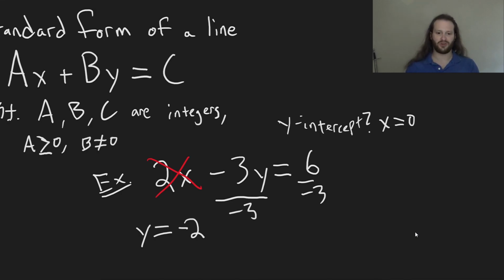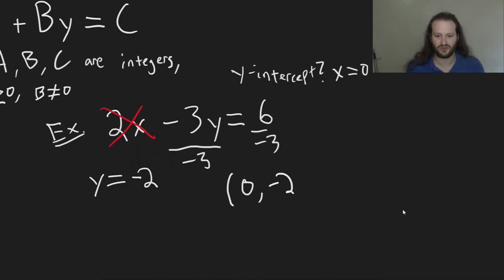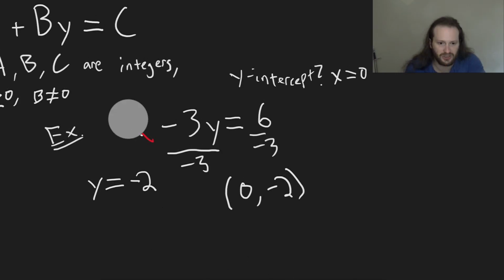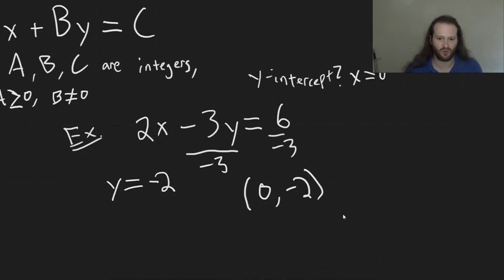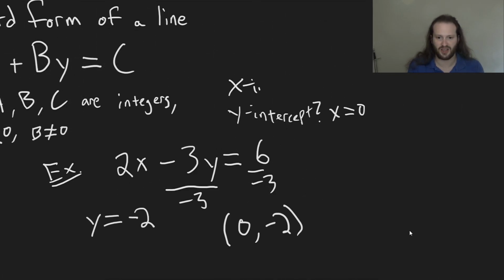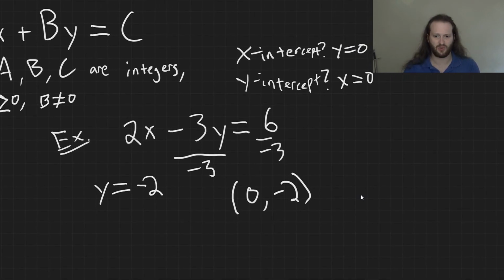So the coordinate point 0, -2 not only is on this line, the original 2x, sorry, not only is this coordinate point on this line, it just happens to be the coordinate point that crosses the y-axis. Similarly, we'll do the same thing for the x-intercept, where it crosses the x-axis, meaning there's no up and down, which means there's no vertical displacement, no shift in the y direction.